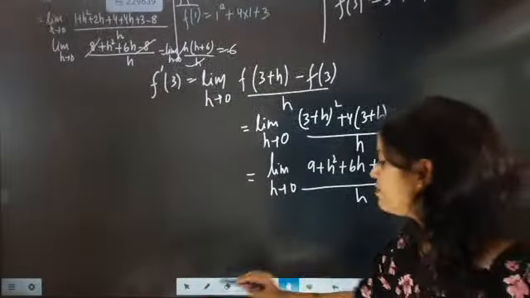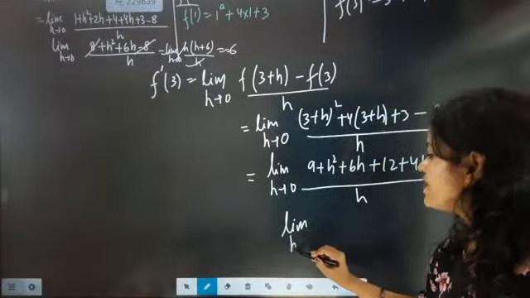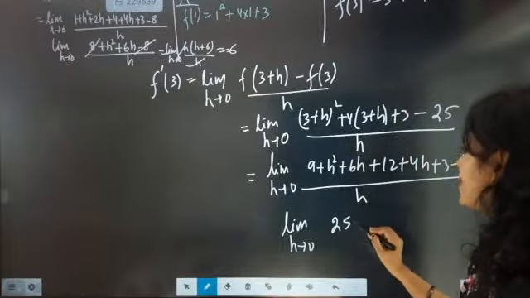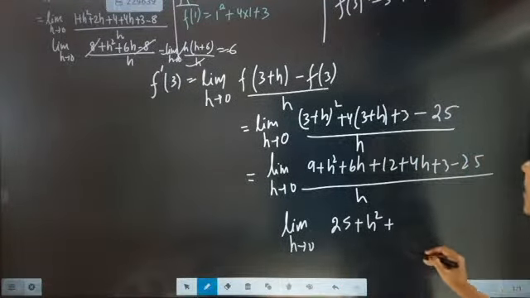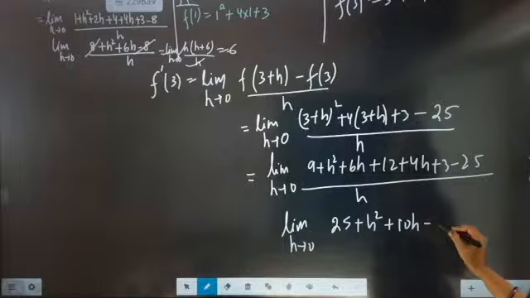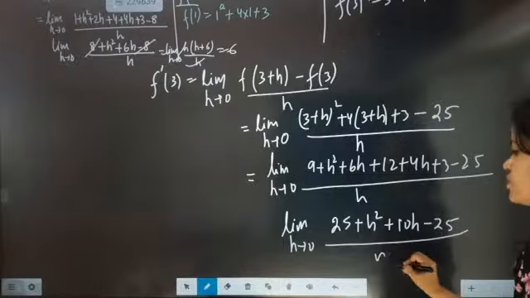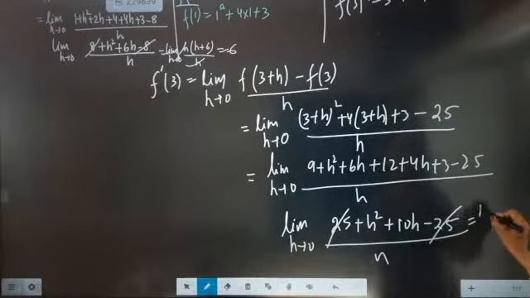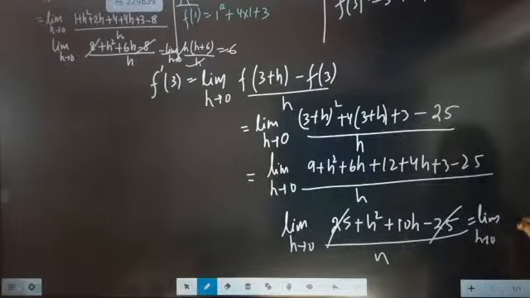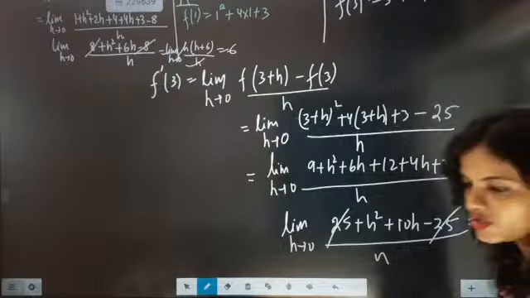So limit h tends to 0, 25 plus h square plus 10h minus 25 by h. This 25 and minus 25 kill each other. So limit h tends to 0, take h common, it becomes h plus 10 by h. Cancel. What is the answer going to be?